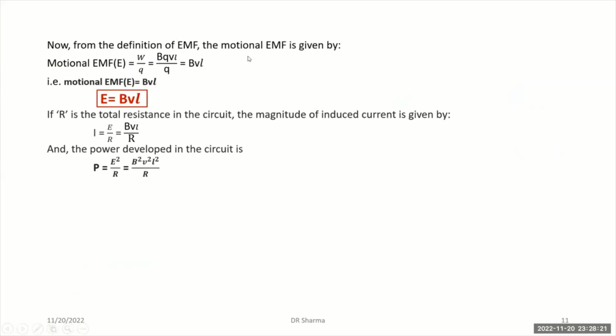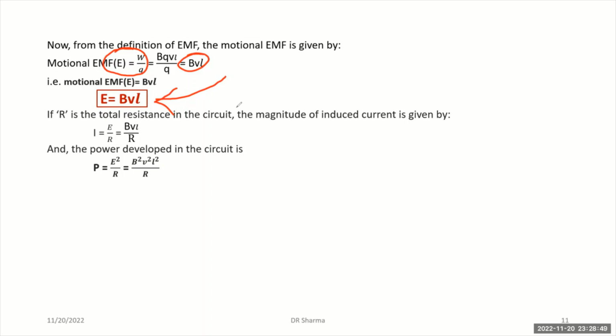Now from the definition, an EMF is work done per unit test charge. And from the previous expression, if we substitute, we get induced EMF is equal to BvL. That is, motional EMF E is equal to BvL.